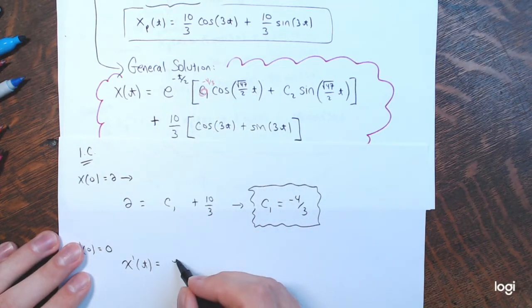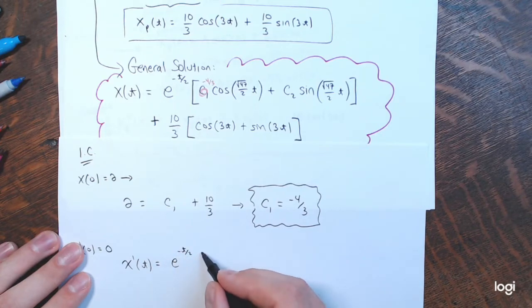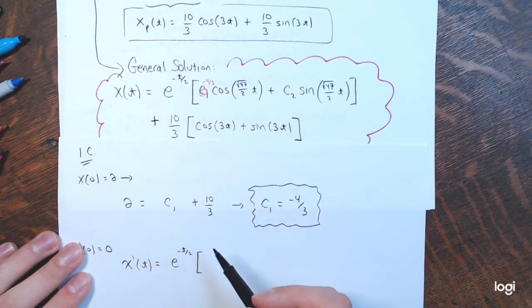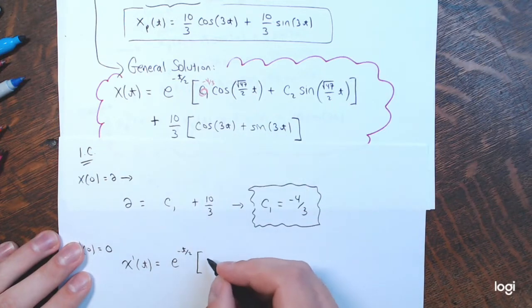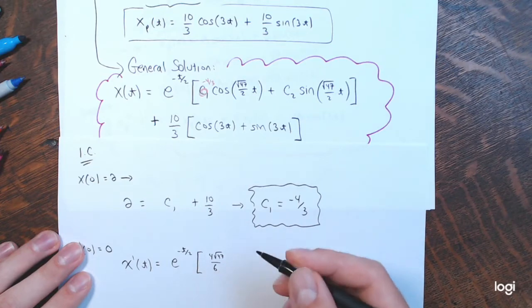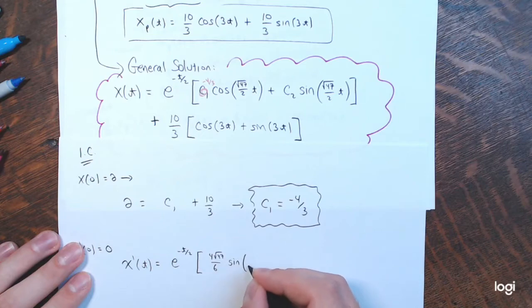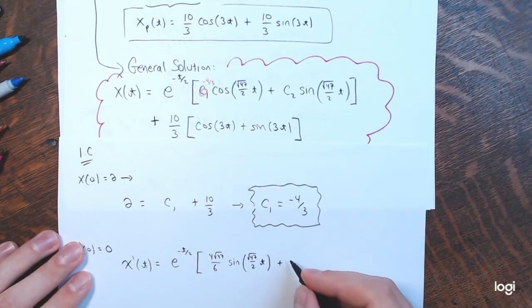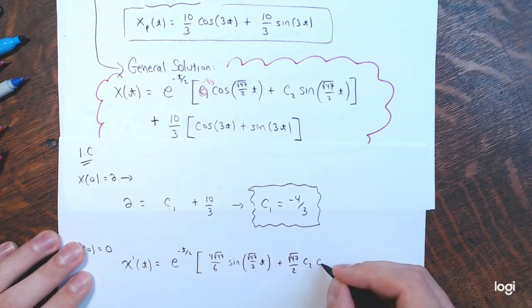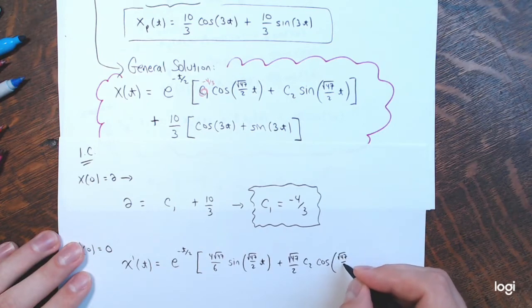So you have e to the negative half t times the derivative of the second one, which would be positive 4 root 47 over 6 times the sine of square root of 47 over 2 t, and then plus the square root of 47 over 2 times c2 times the cosine of the square root of 47 over 2 times t.